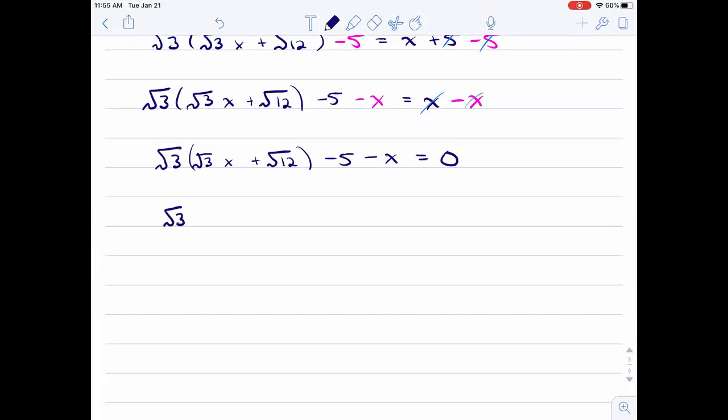So root 3 times root 3x plus root 3 times root 12. Now that I've brought that root 3 inside, I don't need the brackets anymore. And so now I've got that minus 5 minus x, letting it be 0.